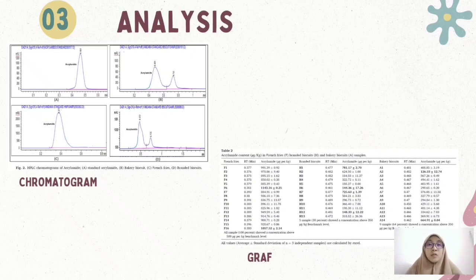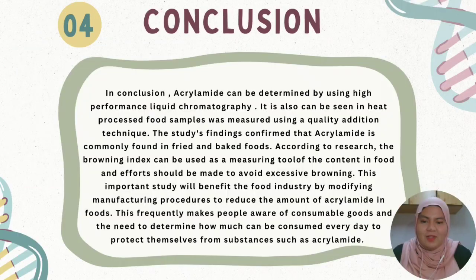The sample was extracted and it showed the chromatogram peak at the retention time. Then table 2 shows that the acrylamide levels in French fries, branded biscuit and bakery biscuit were determined. Then the acrylamide and retention time of the sample were also calculated.